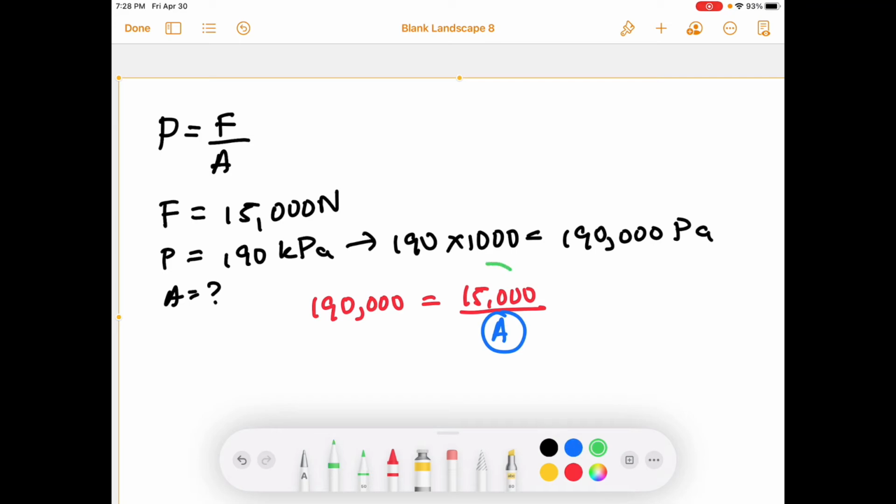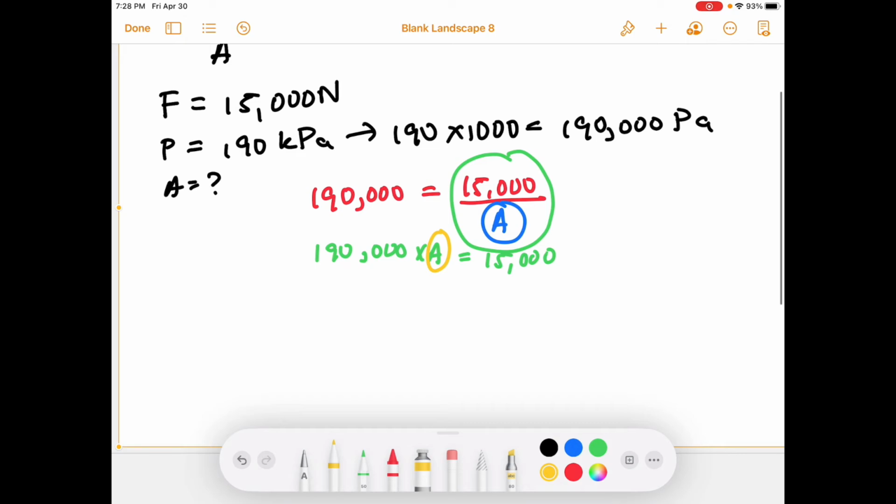So the first thing is, on the right side, we see that A is being divided by 15,000. If you're doing division on one side, we're going to do the opposite to the other side, which would be multiplication. So moving A to the other side, you would get 190,000 times A equals 15,000.